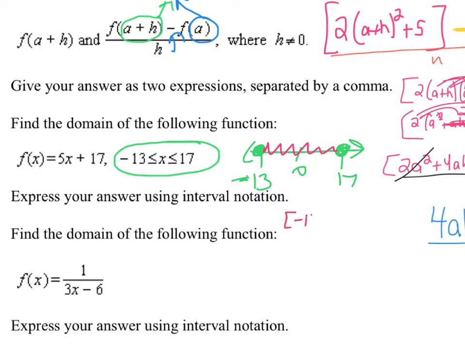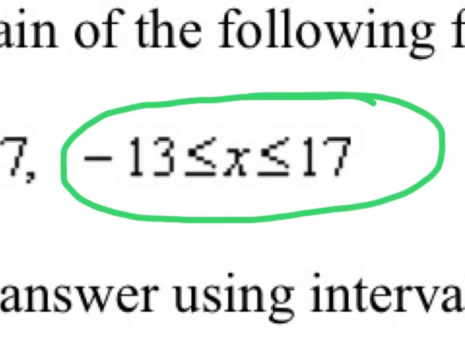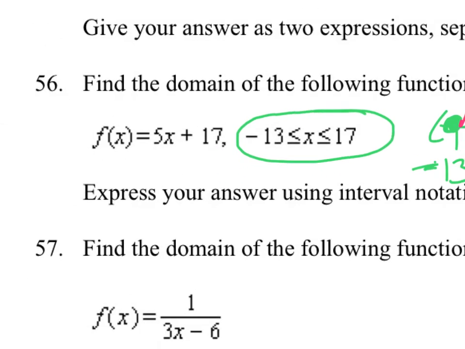Bracket, negative 13, comma, 17, and then what? Bracket. That is not a trick question. That's all they're asking you to do. They want to make sure that you understand that it's in between that you're looking at. How else? What's another clue that they want all this stuff in between, not on the outsides? X is where? In the middle. It's in between. Good.